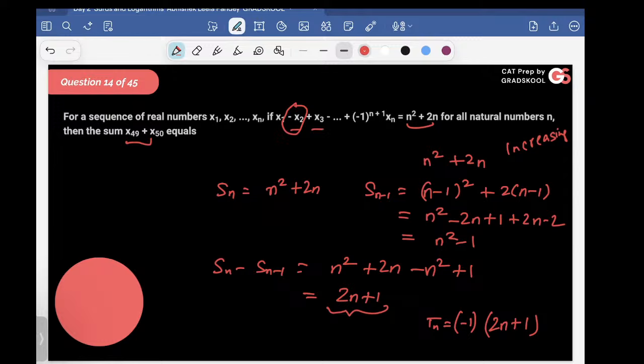Is that right? तो अगर मैं इसकी पावर पे n प्लस वन लगा दूँ, my general term is this, minus 1 to the power n plus 1. So what does that mean?